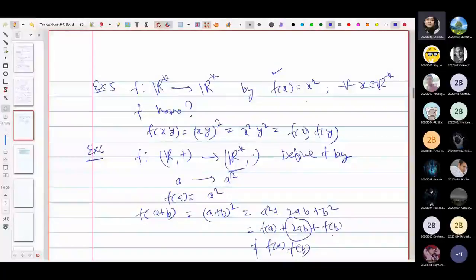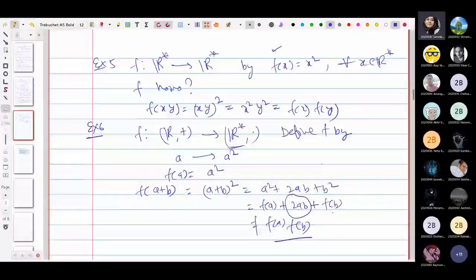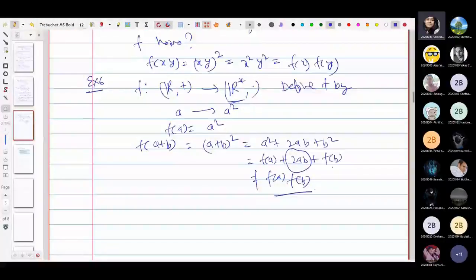We can also take some more examples, so the things should be clear to you. Let us define f from the general linear group of 2 cross 2 matrices over the set of real numbers to R star. Both should be groups, this should be a group and this also should be a group.